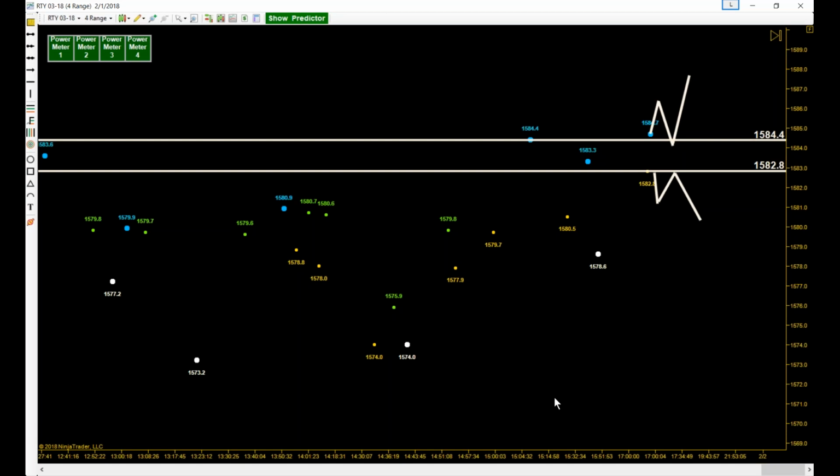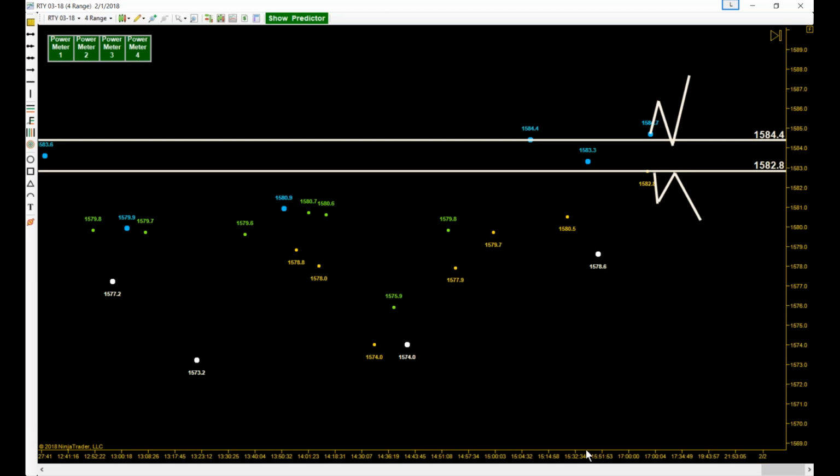Because you're going to be looking at support and resistance, and you're going to be looking for either buying support and selling resistance in a range, obviously with predictors, or for the break. Now we teach the break, then the retracement. We don't teach the break as far as taking the trade, because a lot of times those can be fake.